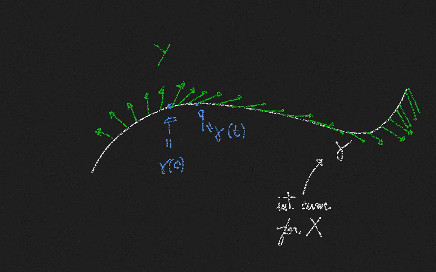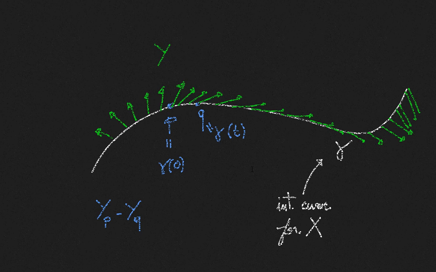And this is gamma of t. So you would like to write this thing. But it doesn't make any sense.